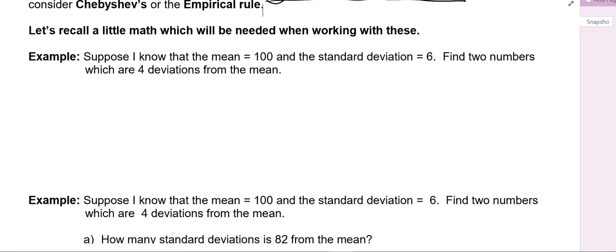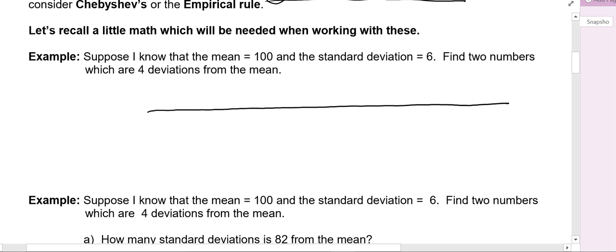All right, so let's draw a little picture here and try to visualize what's going on. So here's the number line, and here's 100. Now, I want to find two numbers that are 4 deviations from the mean. Well, you know the standard deviation is equal to 6.